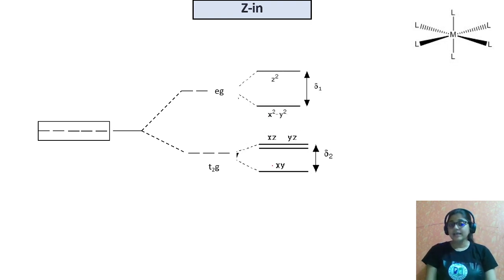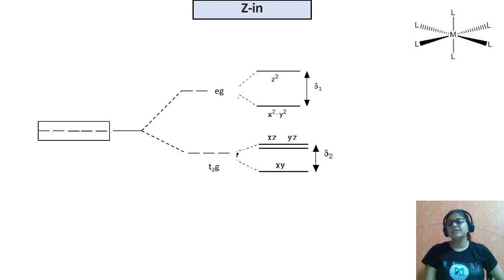Fine. So in the case of Z in, again the same thing, but not the same. Why? See here, the change you can see. Through z there will now be less electron density, so it will have the high energy. In the same way here also z square is in higher energy than the Eg, and then xz and yz will also have higher energy than the t2g than the previous condition.